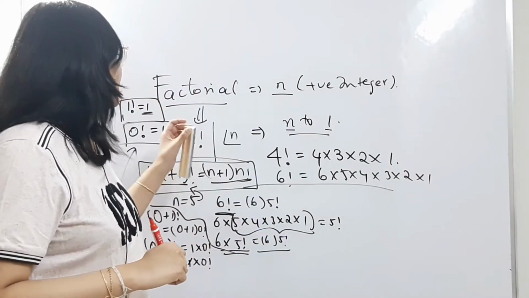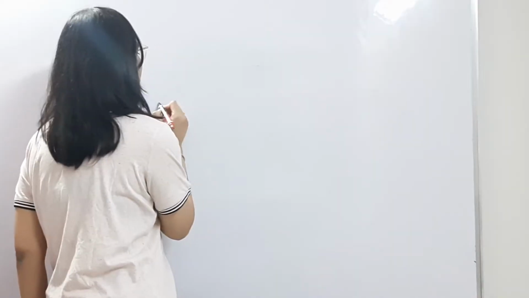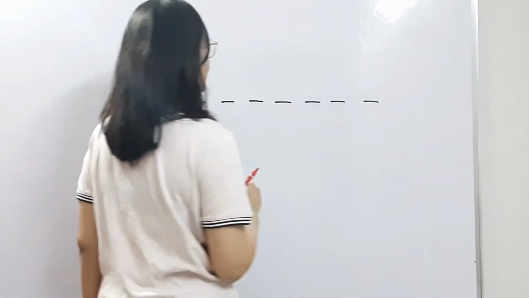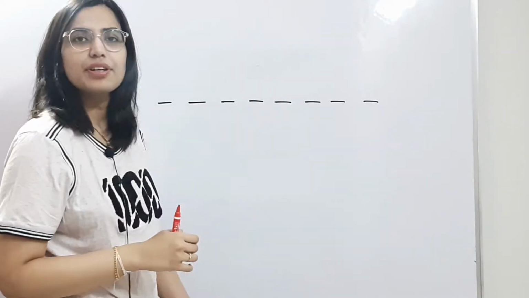Now, how do we tie up factorials with permutations and combinations? Let me ask you a question before we jump on to the discussion. There are 8 people in a theme park, and we want to make them stand in a queue. They occupy 8 different positions. So 8 people will stand in 8 different positions.